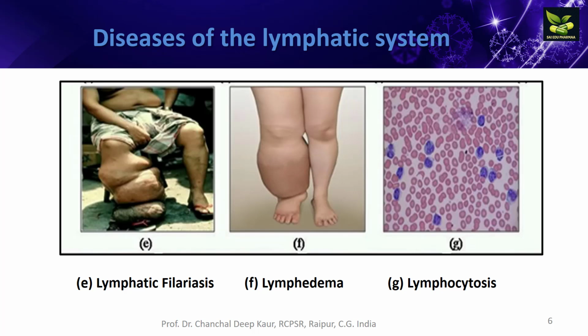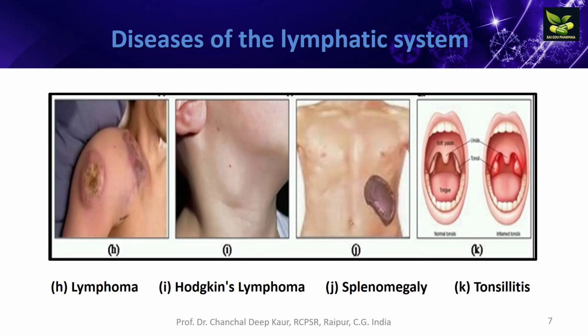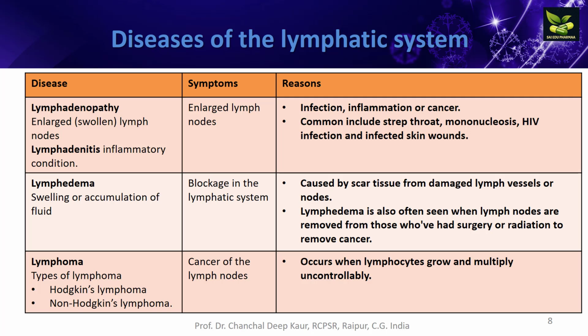Then next is lymphatic filariasis, which is also called elephantiasis. The lymphedema and lymphocytosis we will see one by one in detail also. Then next is cancer of lymphatic vessels, that is lymphoma, Hodgkin's lymphoma. Then splenomegaly, tonsillitis. Now we will see in detail these diseases or disorders of the lymphatic system.